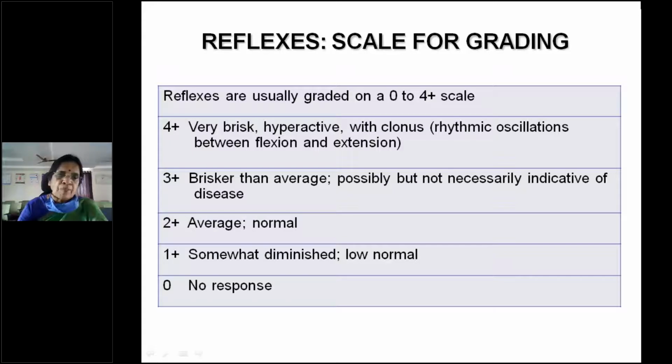In neuronal shock these reflexes will be absent or minimal, and in a lower motor neuron lesion they will be absent or minimal. In an upper motor neuron lesion, usually the reflexes will be brisk or increased.